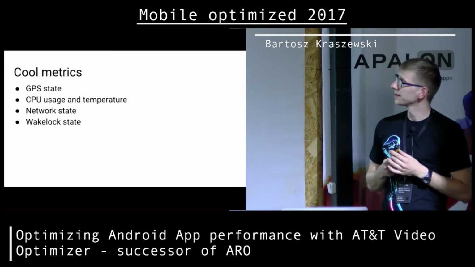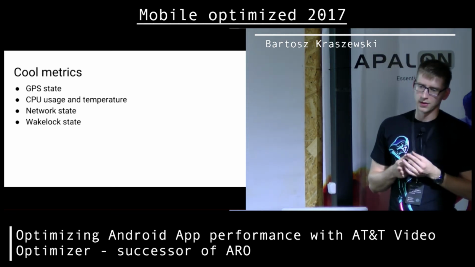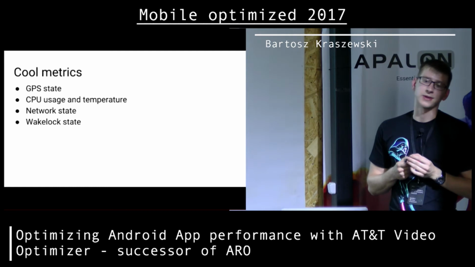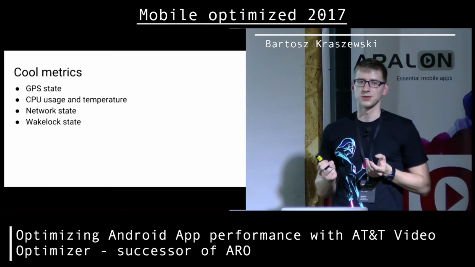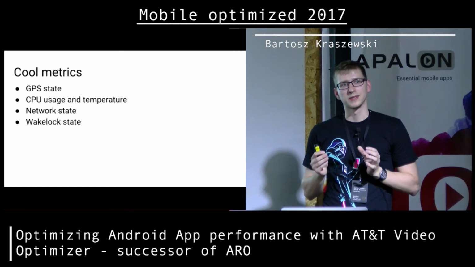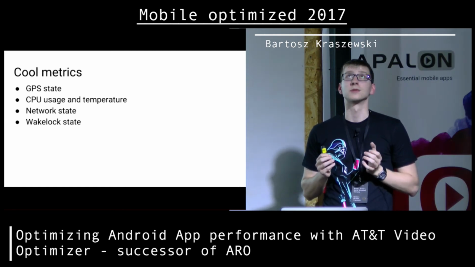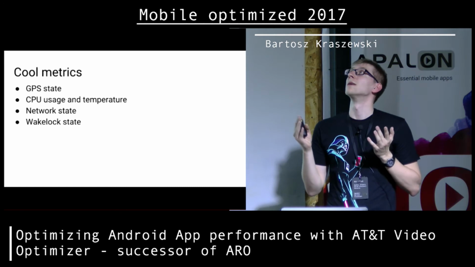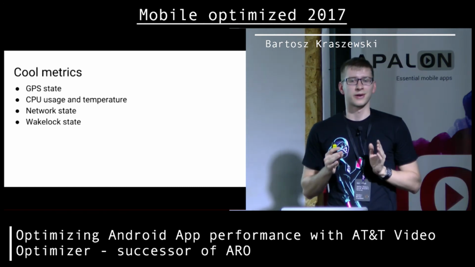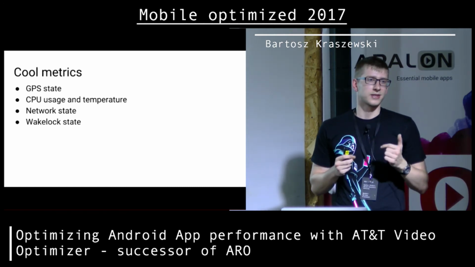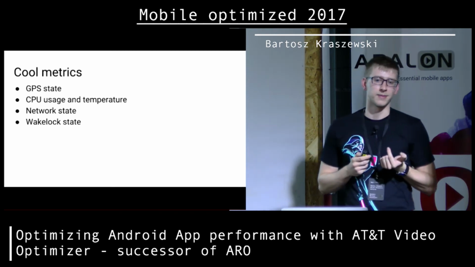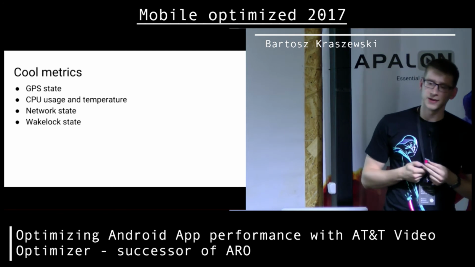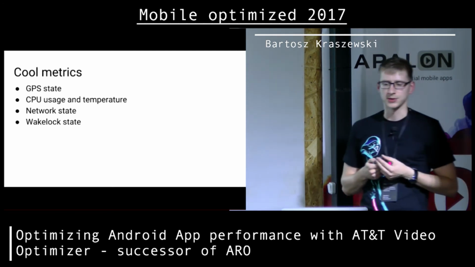We can also take a look at cool metrics, for example the GPS state. If the application uses GPS a lot and there is no available connection, for example if the user is in a big concrete bunker, you will see that the application is making too many requests and we are potentially draining the battery. There's information about CPU usage and temperature.